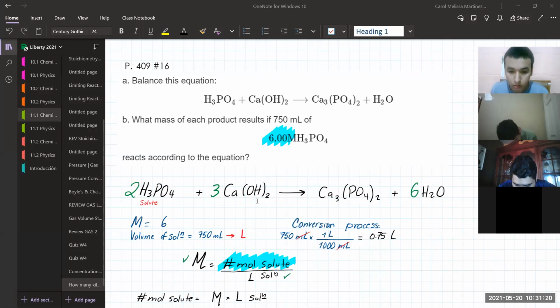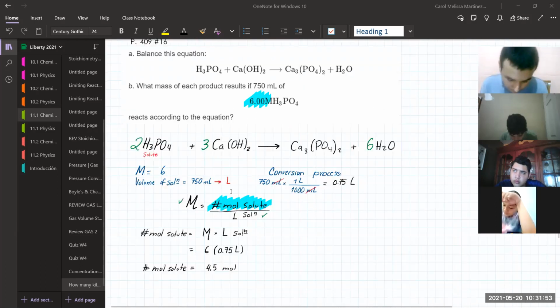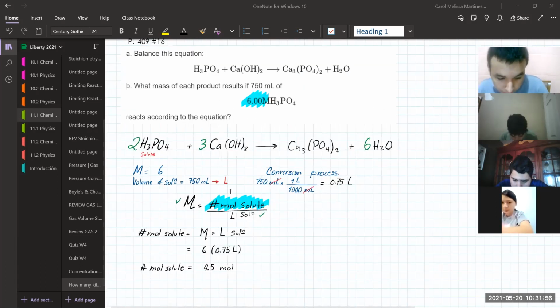So my molarity, I know it's 6, and my liters of solution is 0.75 liters. So how much is this? 4.5 moles. Okay? 4.5 moles. Now I have my number of moles.